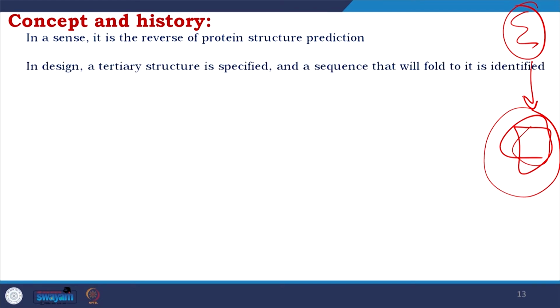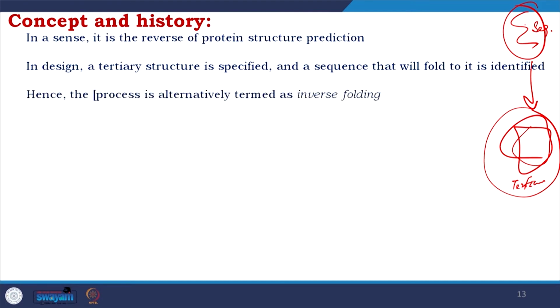In designing, a tertiary structure is specified first and a sequence that will fold to it is identified. So, we have the tertiary structure and we find a sequence, the primary sequence, which will provide that. Hence, the process is alternatively termed as reverse or inverse folding.